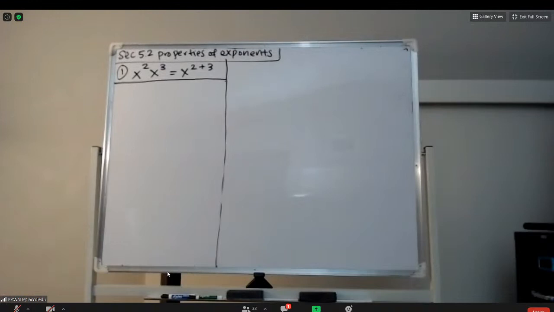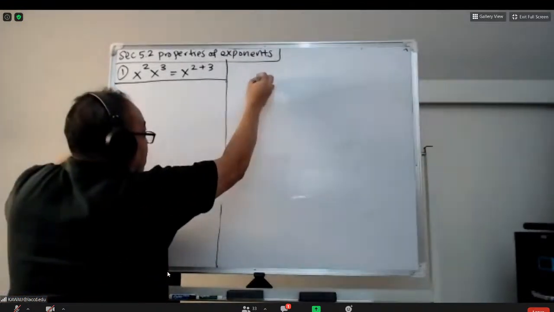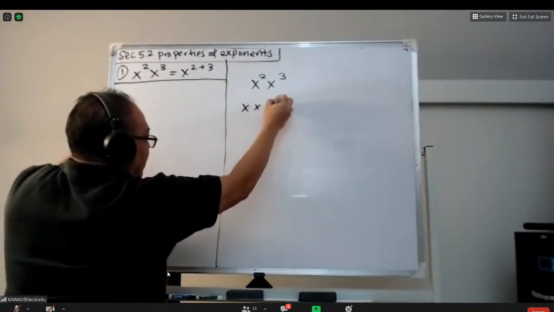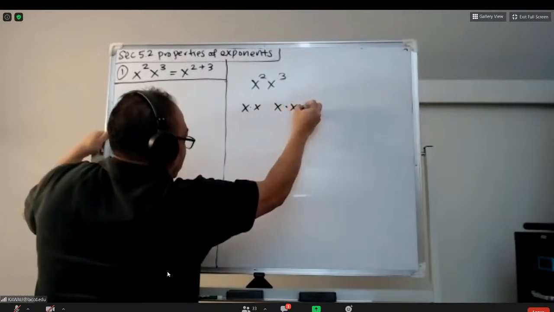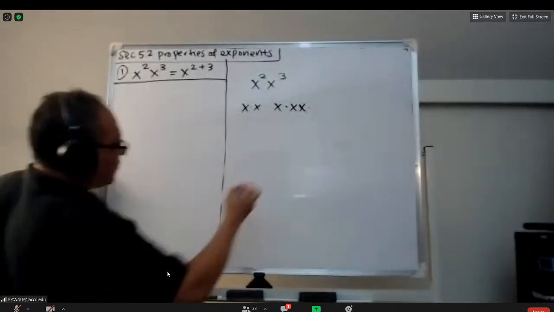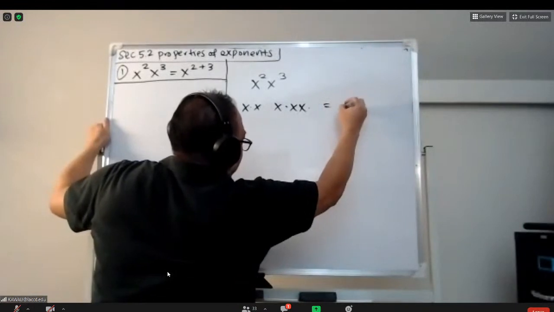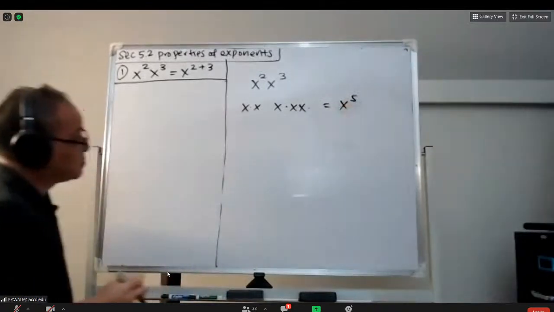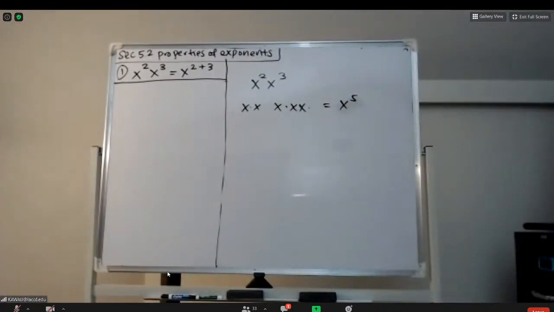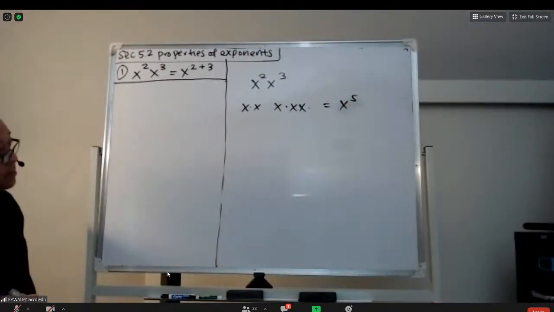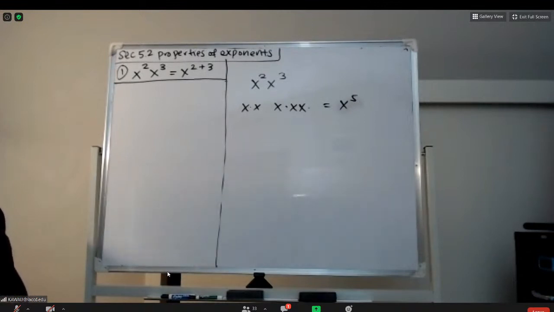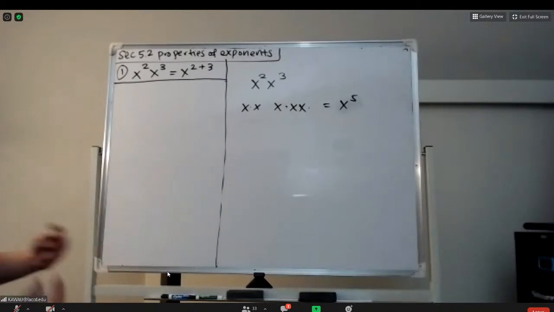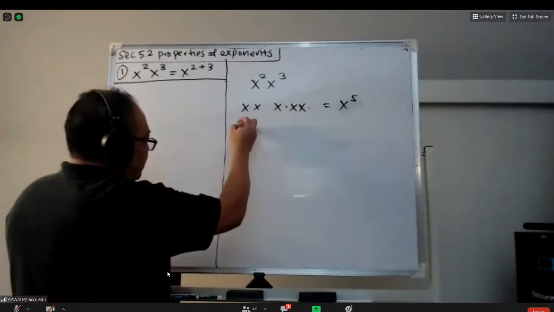Okay. So the idea here is that I have 2 x's and I have 3 x's. How many x's do I have? I have 5 x's. So then the next question is, okay, Dr. Kawai, give me an example of that in a problem. So I would give you something like this.